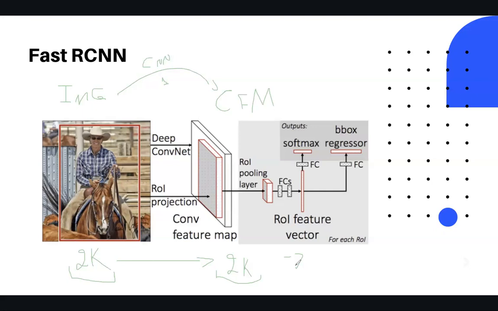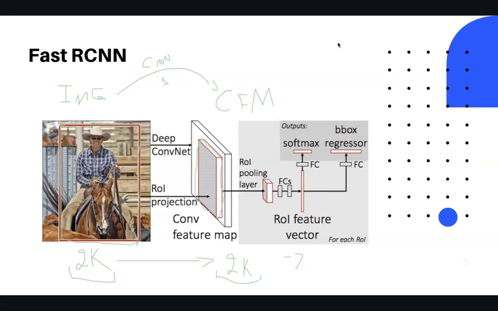So here what ends up happening is the following. We have, let's say, this big object that was proposed to us by the selective search. So its size is this, right? So it has a big convolutional feature map.